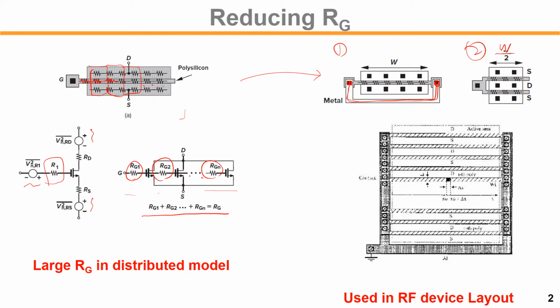A more extensive poly resistor reduction technique is to use both techniques one and two: tie the poly with metal at both edges and also use multiple fingers. This is typically used in RF devices to minimize noise sources. This is the typical RF device layout.